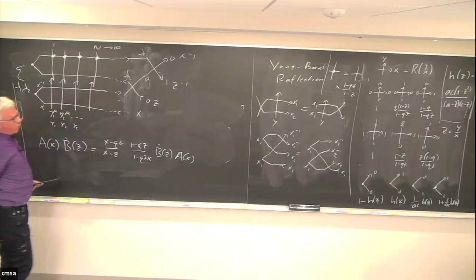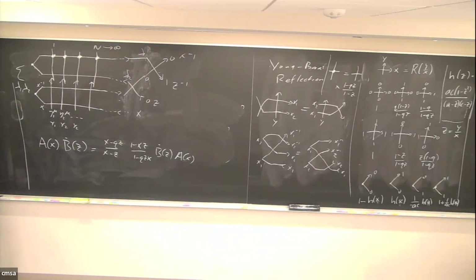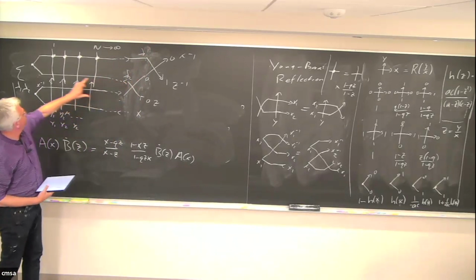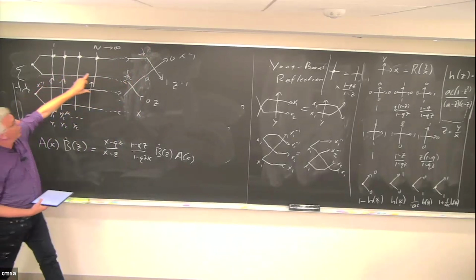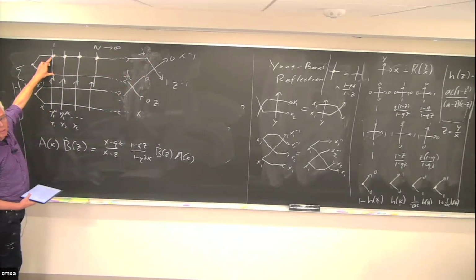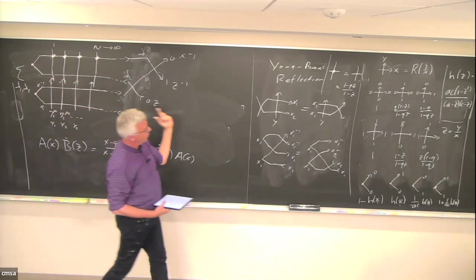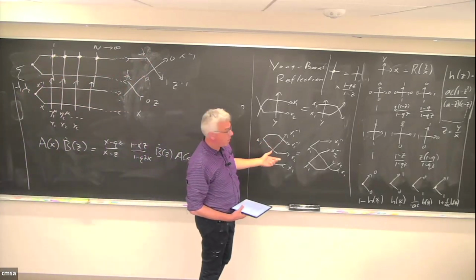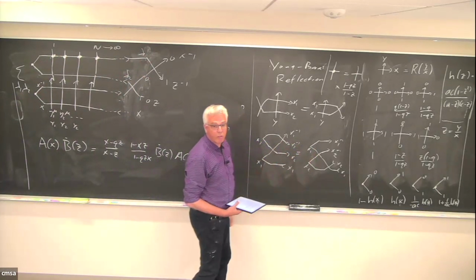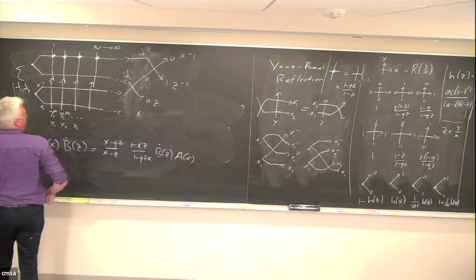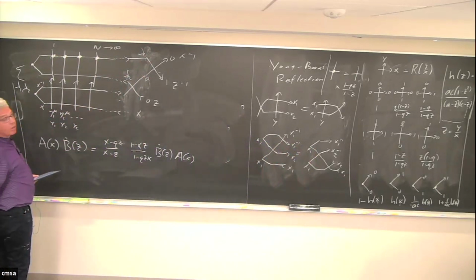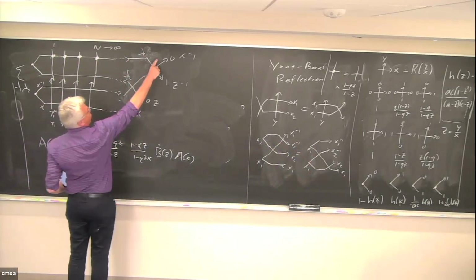because now I can use the Yang-Baxter and reflection equation, and I can pull this R matrix all the way up here, and this R matrix all the way here, and then end on the left-hand side with a configuration like this, and then switch it around, and then pull it back. And when I pull it back, this cross will have moved here.